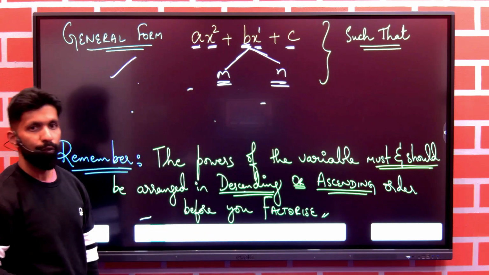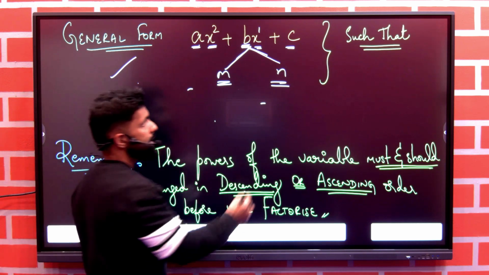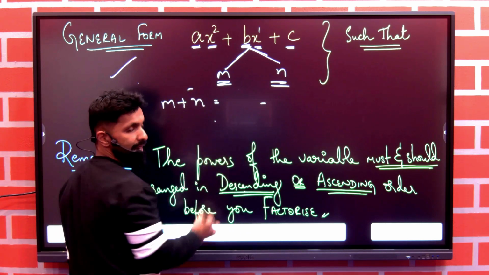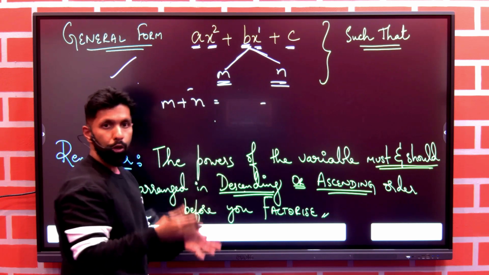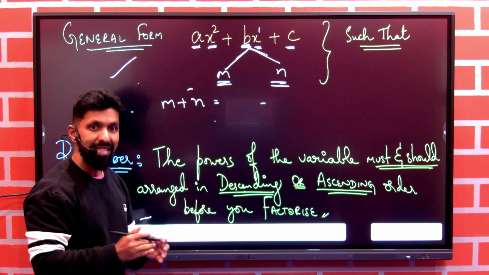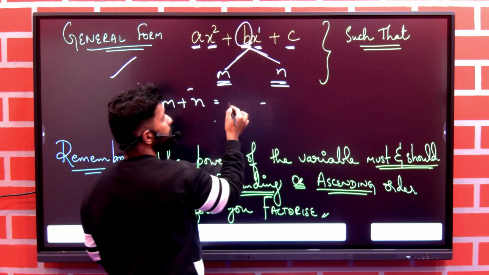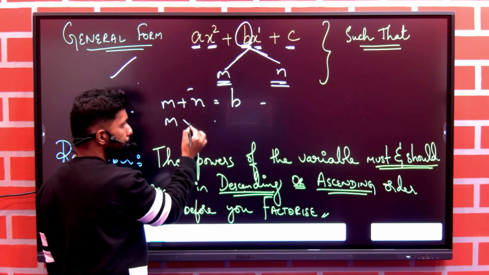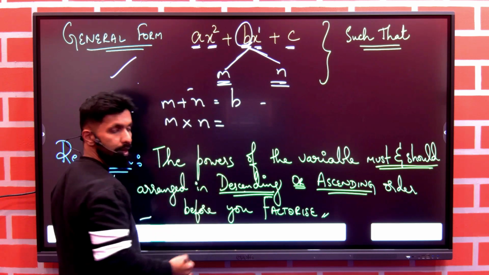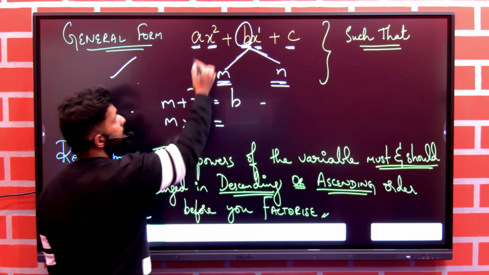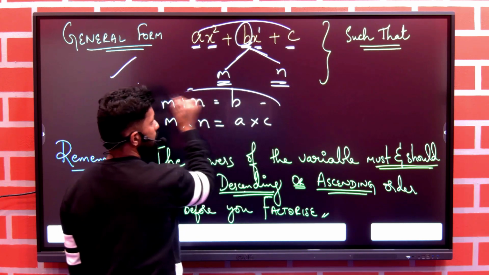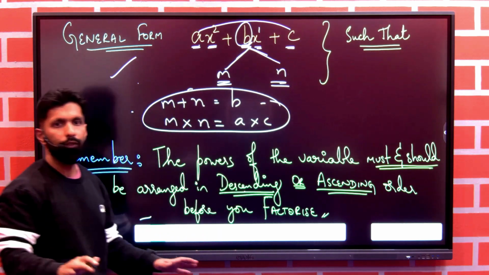The condition for splitting b into m and n is this: when I add m and n, the result should be the same as the middle number itself, b. And when I find the product of the two new numbers, the result should be the same as the product of a and c. I'm sure half of it you have not understood.